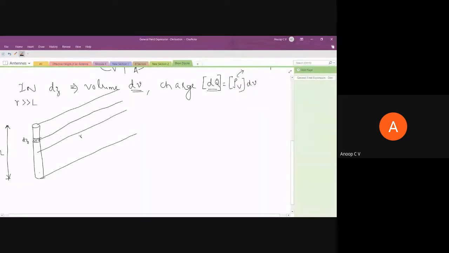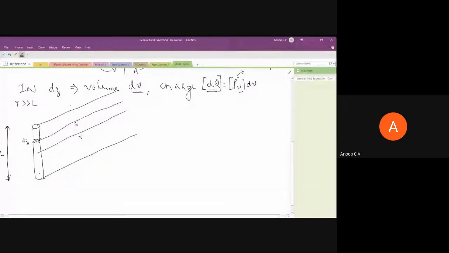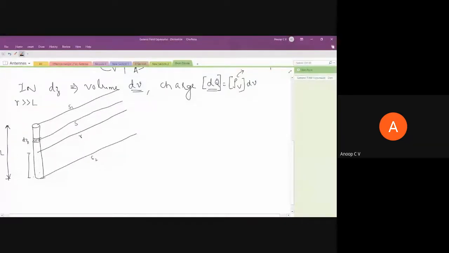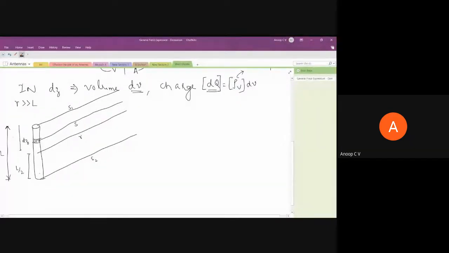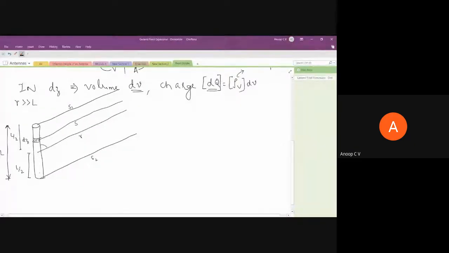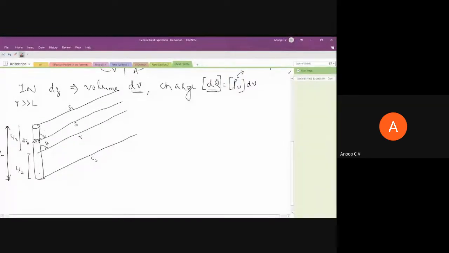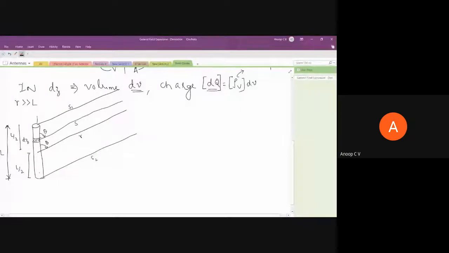This much will be L by 2, and again this much will be L by 2. And this angle is theta, and so is this angle, and this angle theta.